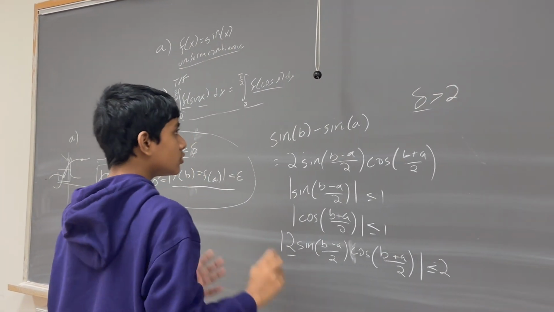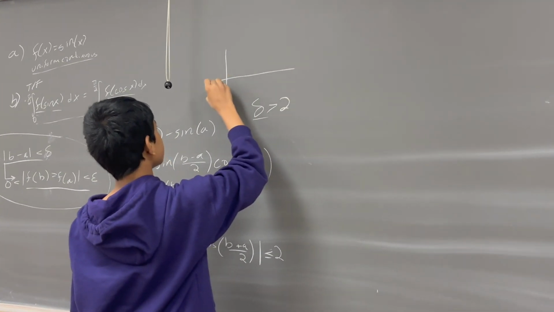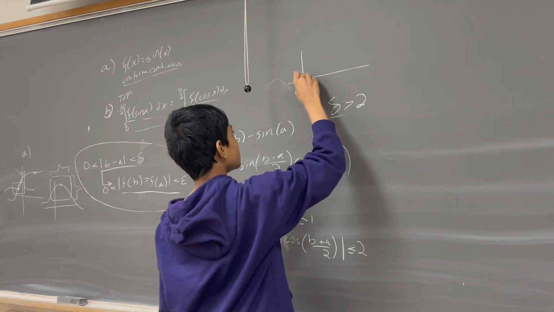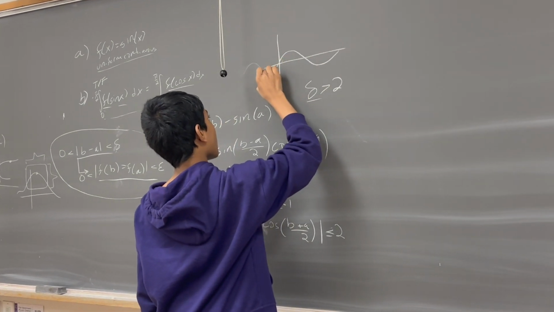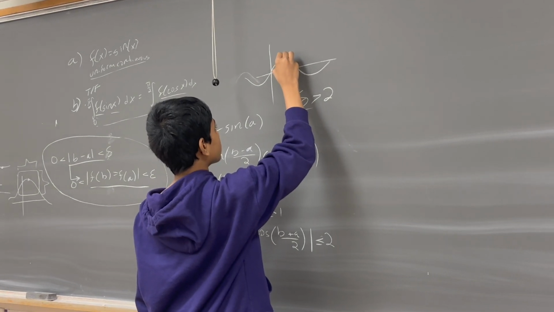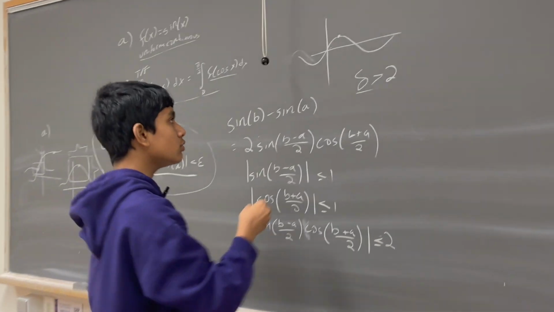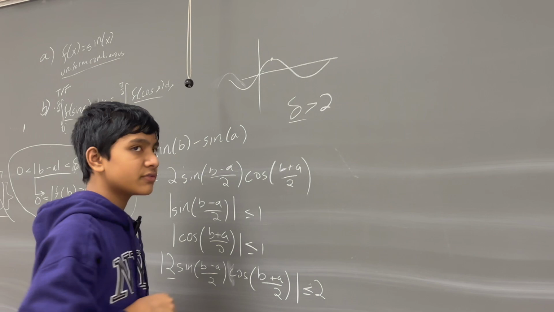And you can actually intuitively visualize this. How? Well, think about it. If we have that rectangle, like the rectangle right over here, if delta is greater than 2, then that means 2 is the range of the function.